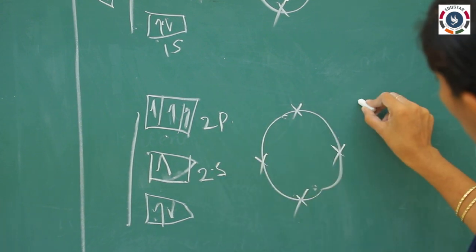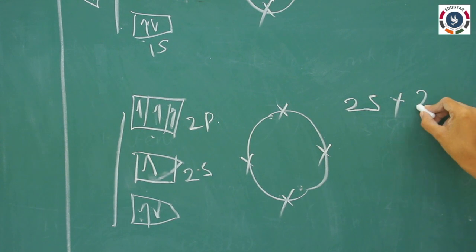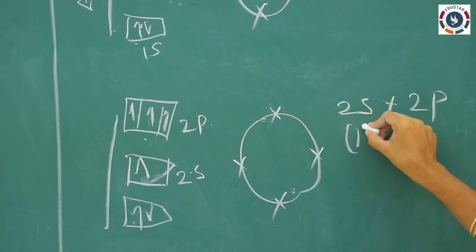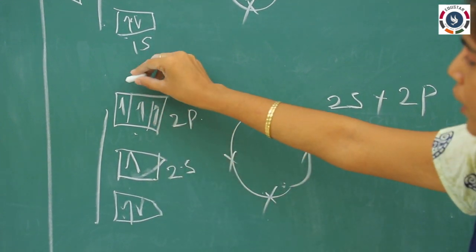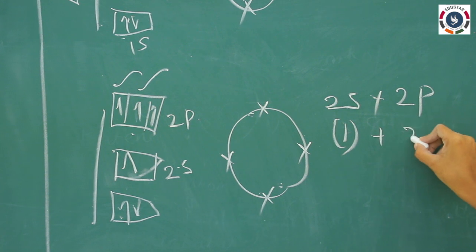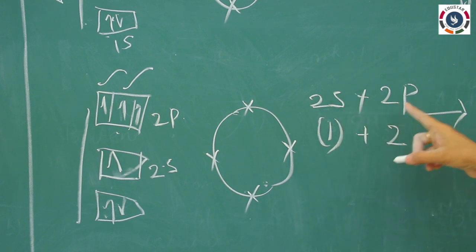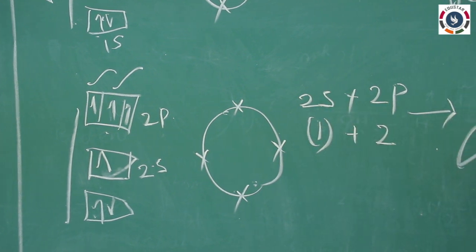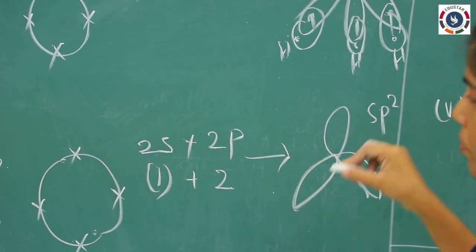Here 1 2s orbital and 2 2p orbitals, that is, only 1 electron present in the 2s orbital and only 2 orbitals of the 2p orbital alone are involved in hybridization. So, 2s and 2p will get SP2 hybridization. This is the SP2 hybridization.